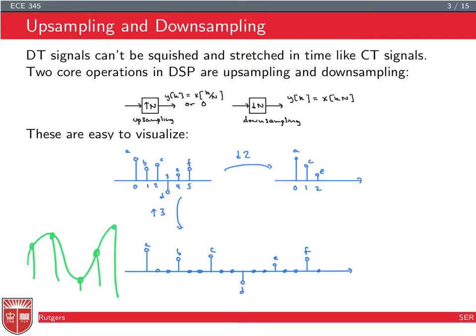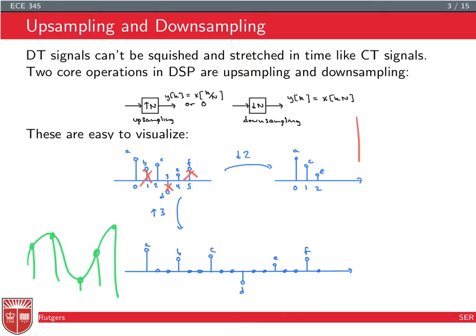If I'm downsampling by a factor of 2, this means I'm removing one sample in the middle. So to get the downsampled version by a factor 2, I have to kill every other sample, and you obtain this.